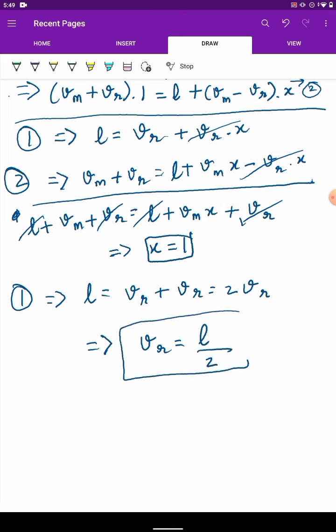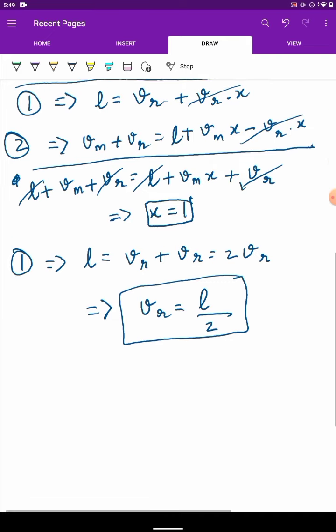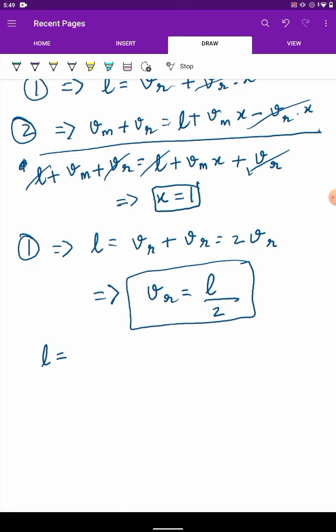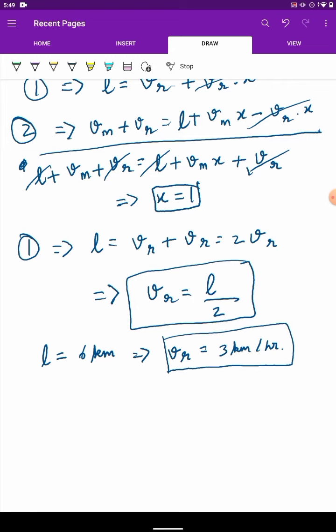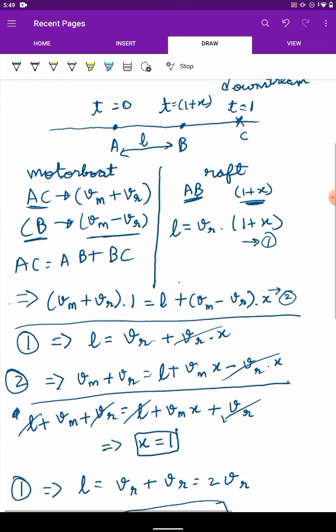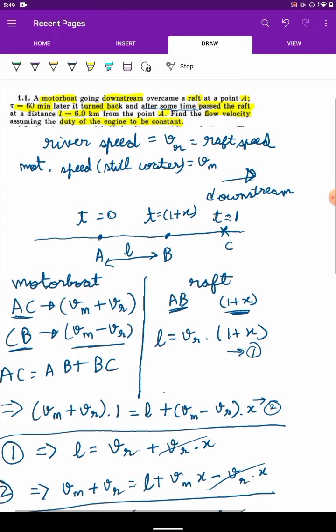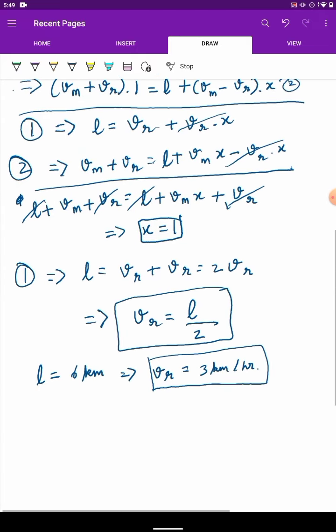Actually it would be L by 2 tau, which is given in the answers and solutions part of Irodov. But over here tau is 1. So if you put L equal to 6 kilometers, your Vr comes out to be 6 by 2, which is 3 kilometers per hour. So this is how the first question is solved. Yeah, thank you.